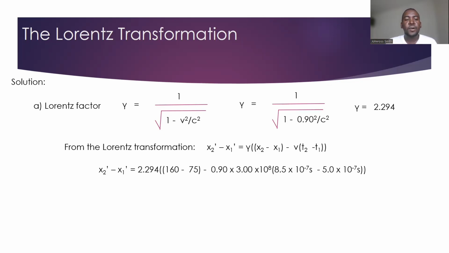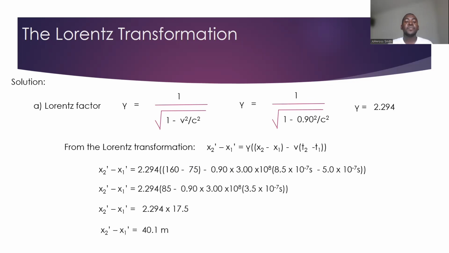In this case, all we're doing is defining the reference frame changing in position. We input our Lorentz factor, we put in what x2 and x1 are, we put in what their speed is, and we put in what their times are, to give us a final value of 40.1 meters.